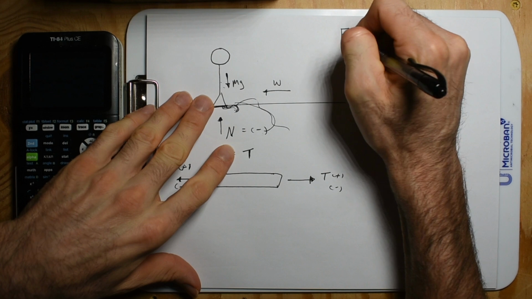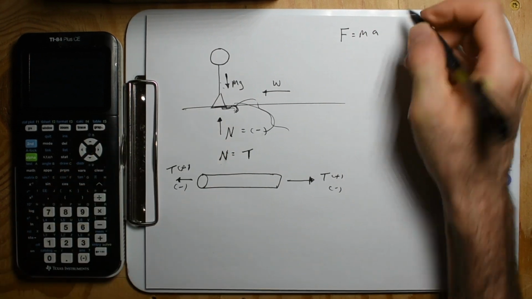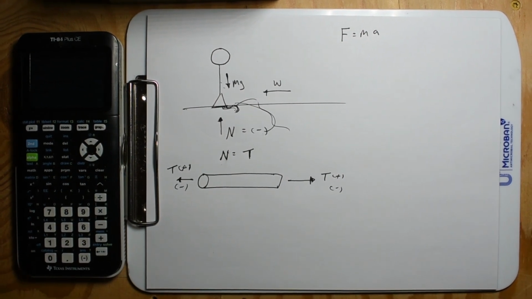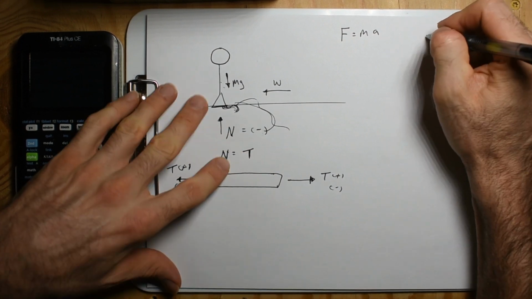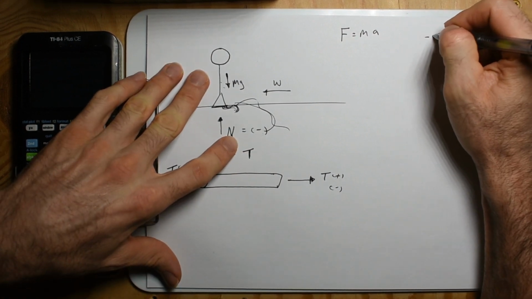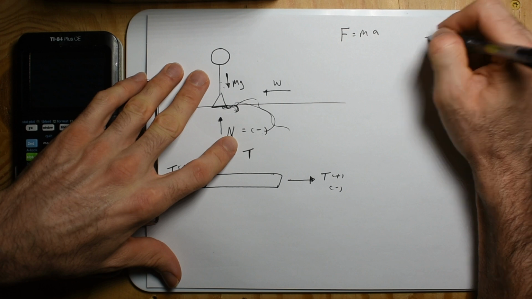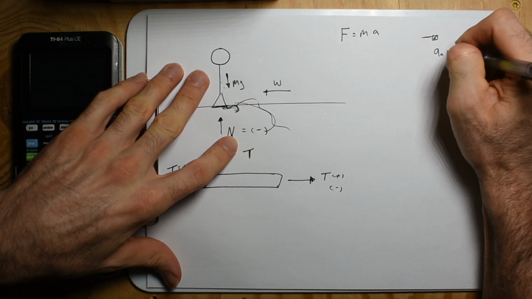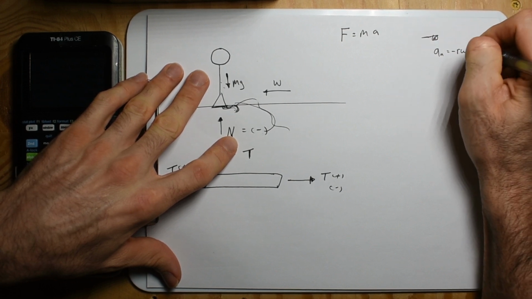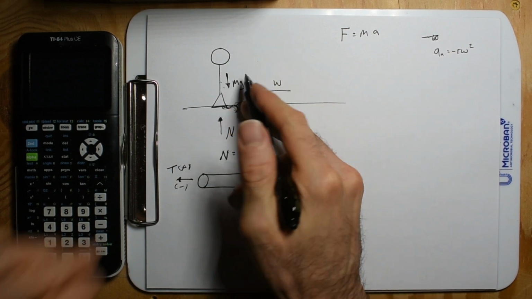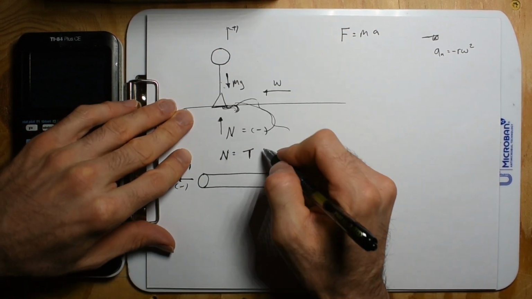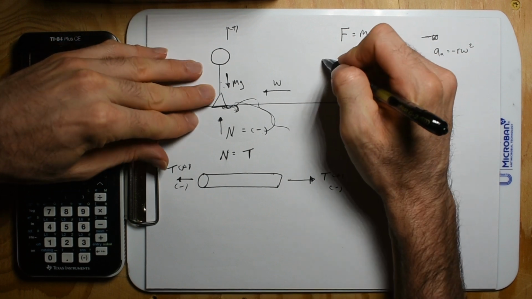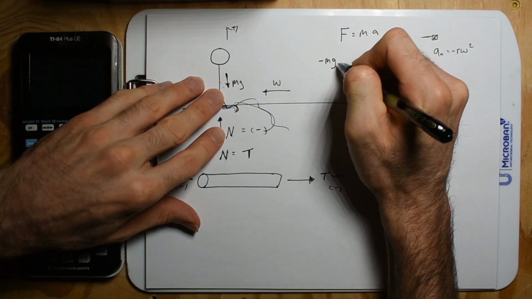All right, so finally, let's do F equals ma, and I think the sign changes will apply. We have negative acceleration in the normal direction, which is negative r omega squared. We have an mg. This is the down direction, so this is the positive direction, and we have a negative mg.